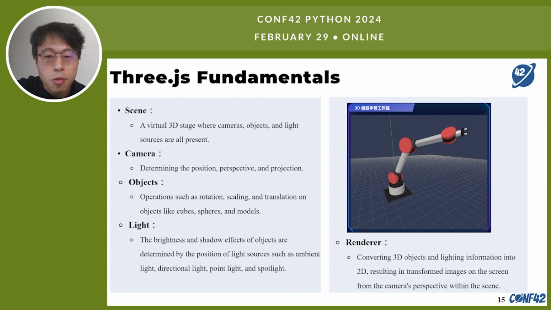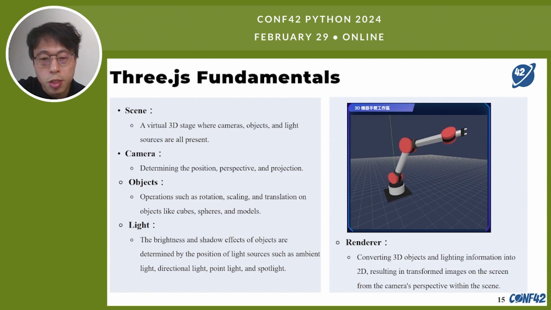And the last one is renderer. Renderer is to convert 3D objects and lighting information into 2 dimensions. Actually, all the 3D environments we see on a website page are in 2 dimensions ultimately.